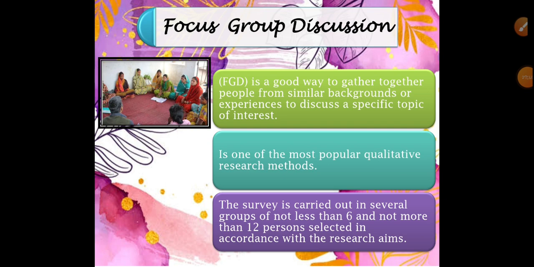So FGDs, or focus group discussions, are usually tools used by the advertising industry to measure the potential impact of a new product. They are also used to gather information, like in making research for school improvement planning, or SIP.